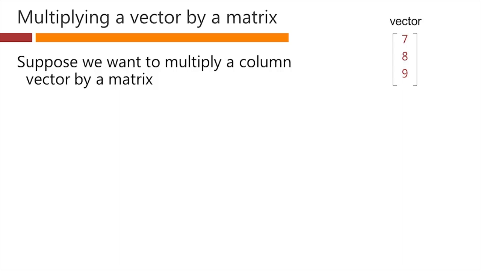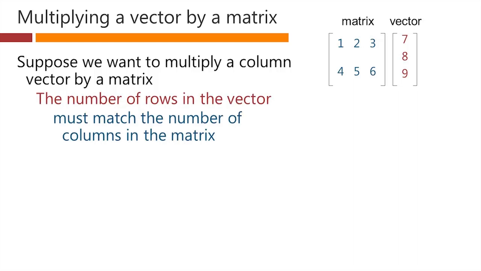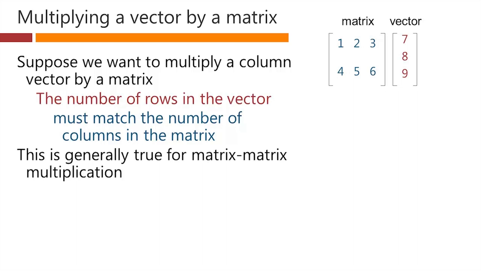So suppose we want to multiply this column vector here by a matrix. The number of rows in the vector, you will see here, must match the number of columns in the matrix. And this is a general requirement for matrix-matrix multiplication, this matching of the rows in one with the columns in the other.